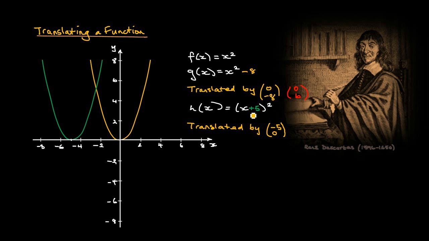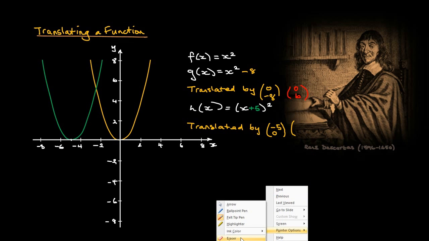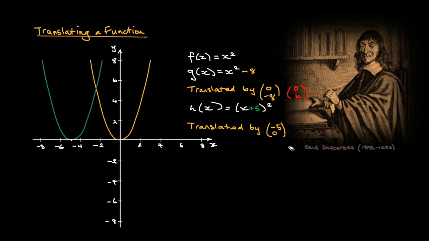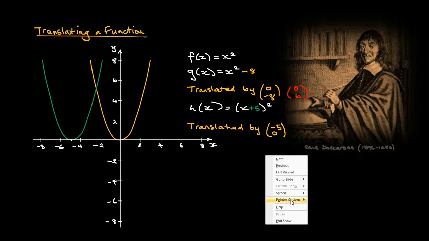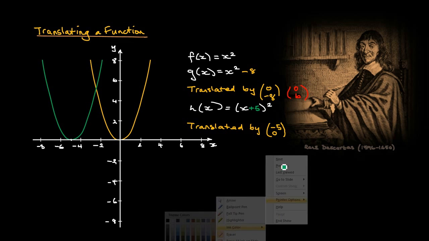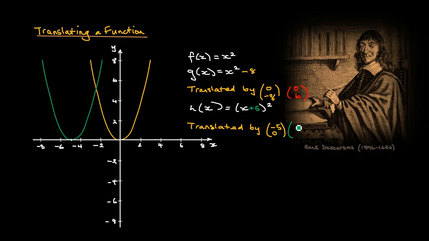So the general, let's do this in green maybe, the general expression will be like this. 0 up or down, so the second component is 0, but this number has to be negative, so minus a.